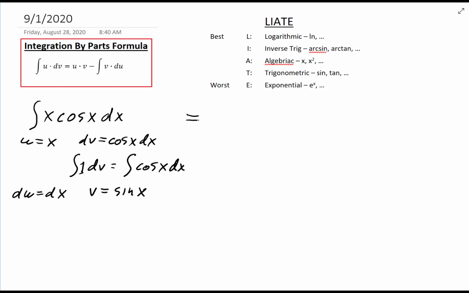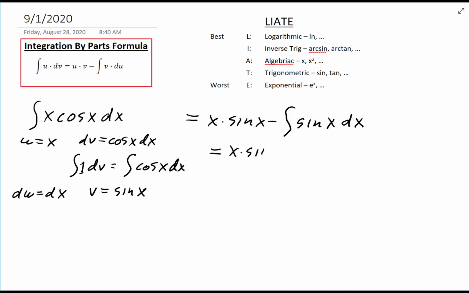Okay, now we can plug everything into our integration by parts formula on the right-hand side. So it's u times v, x times sine x, minus the integral of v times du, which is sine of x dx. And the antiderivative of the sine of x is negative cosine of x.